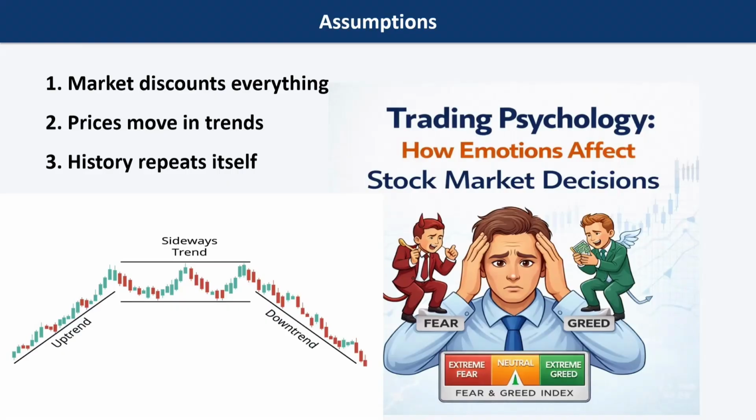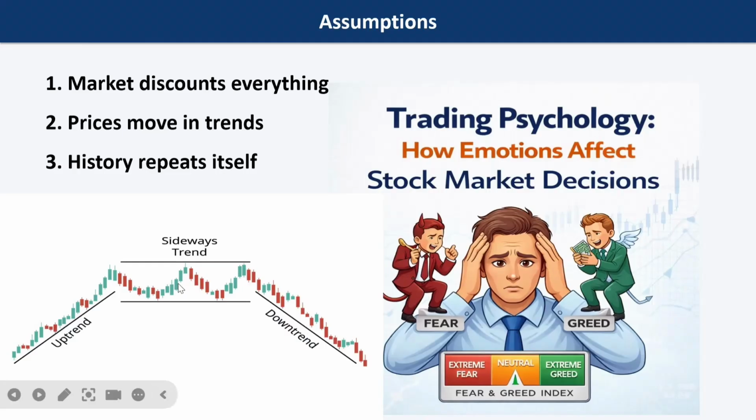Now coming to the second assumption, prices move in trends. Prices don't move randomly every day. Here you can see prices are moving uptrend, prices are moving sideways, and prices are also moving downtrend. So when the prices are increasing, it is called what? Uptrend.